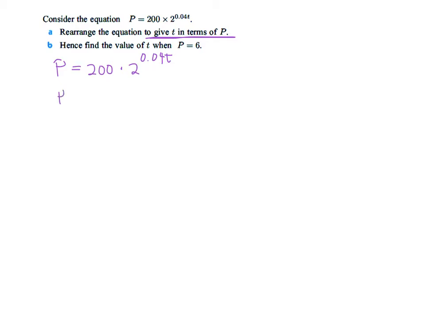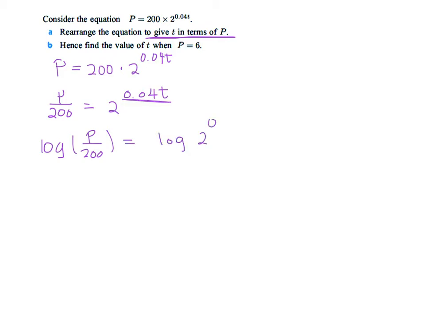So we have p over 200 is equal to 2 raised to the 0.04t. In order to bring down this t as an exponent, we need to take the log on both sides. So we have log of p over 200 is equal to log of 2 raised to the 0.04t.